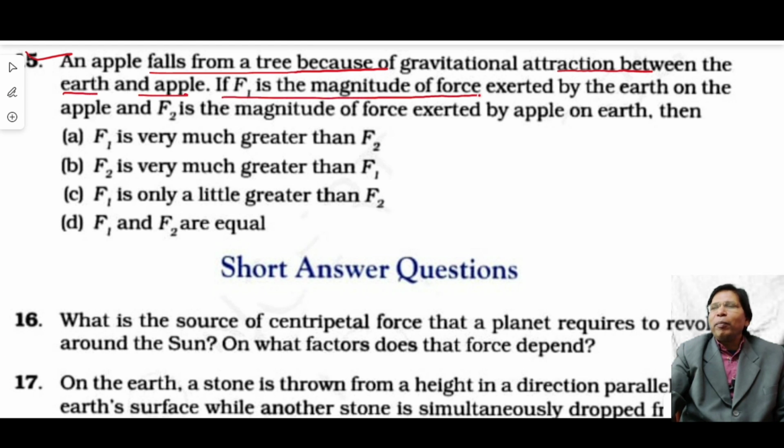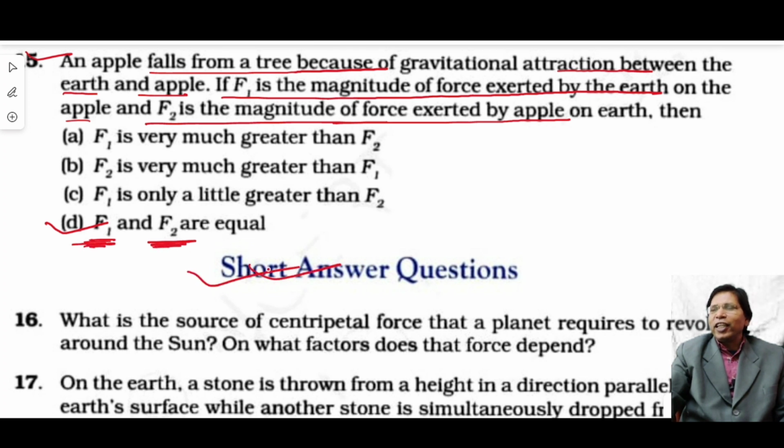If F1 is the magnitude of force exerted by the earth on the apple and F2 is the magnitude of force exerted by the apple on the earth, then F1 equals F2 because gravitational forces of attraction are equal and opposite in nature, because they are action-reaction forces.